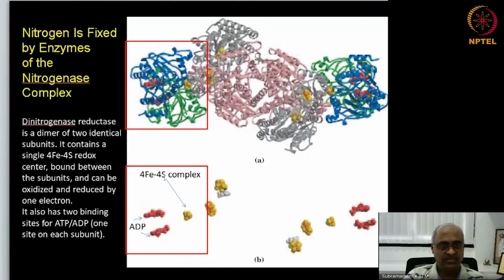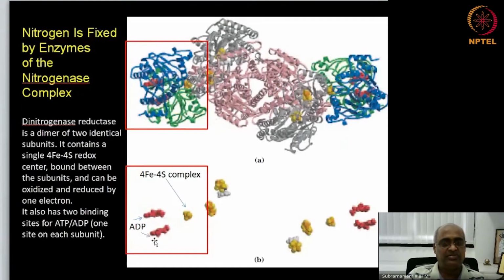So first let us focus on the dinitrogenase reductase itself. It has a single 4Fe4S iron-sulfur complex, and it also has the site for binding to ATP or ADP, depending on whether it is already hydrolyzed or ATP is just binding.